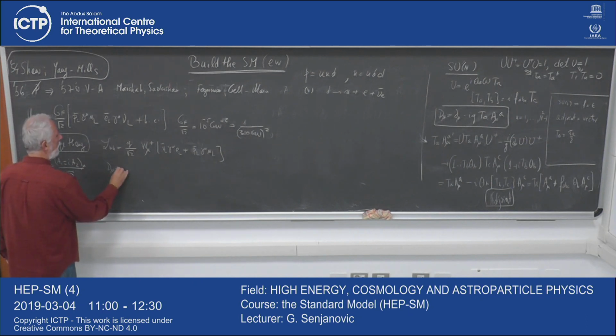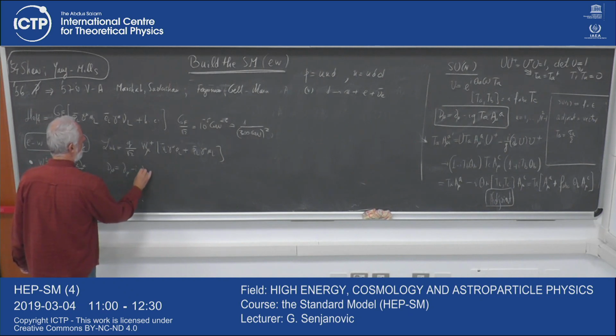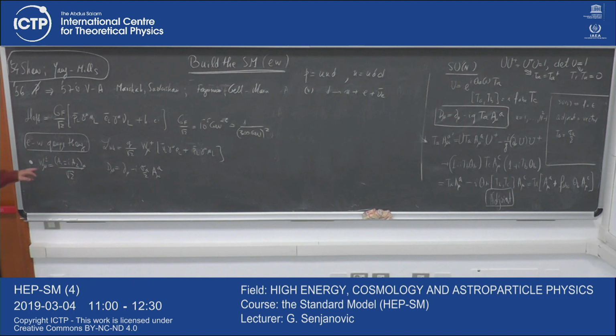I mean, in this case, the covariant derivative is d mu minus i Pauli matrix sigma over 2 A mu A. These are the 3 A mu's, and W is built obviously out of the first 2, which are off diagonal. W is off diagonal. W takes 1 charge into another.